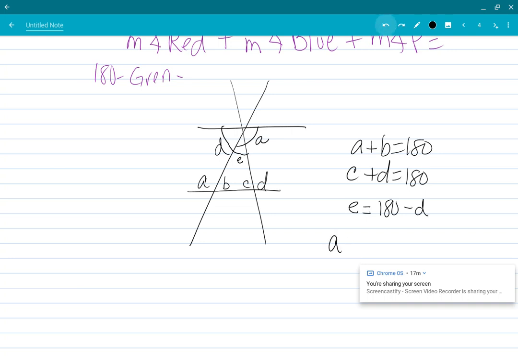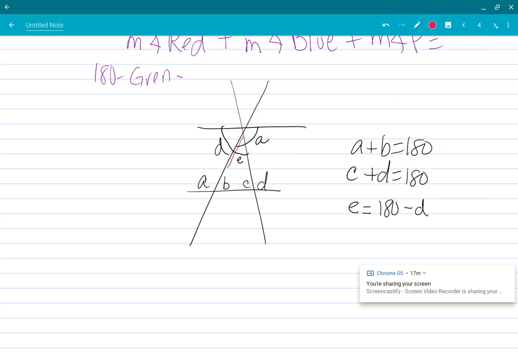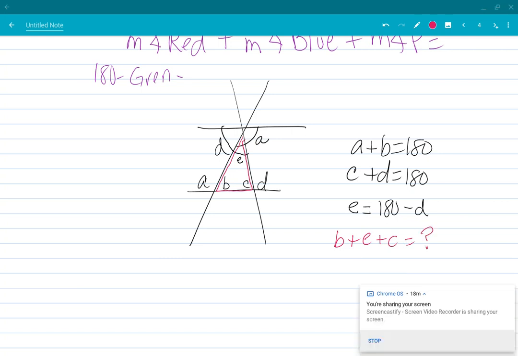Oh, I'm sorry. Let's go to the inside. What are the inside angles? B plus E plus C. What is it equal to? 180. Yes, but let's prove it. So we're going to replace all of these three letters with whatever they equal.